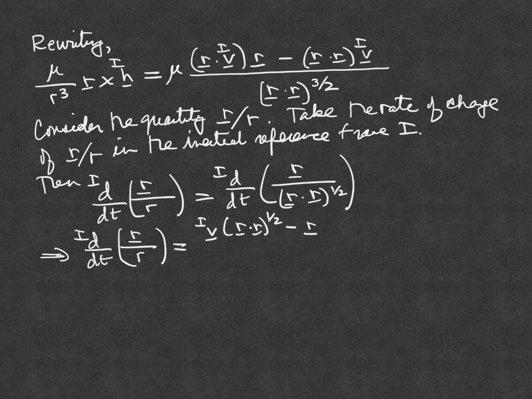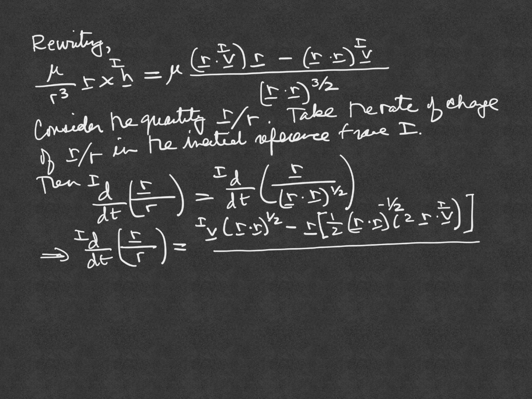The derivative of the denominator is 1/2 times r dotted with r to the minus 1/2 times the rate of change of r dotted with r, which is equal to 2r dotted with vI, and then that whole thing is multiplied out, and we get divided by the denominator squared, which is just r dotted with r.